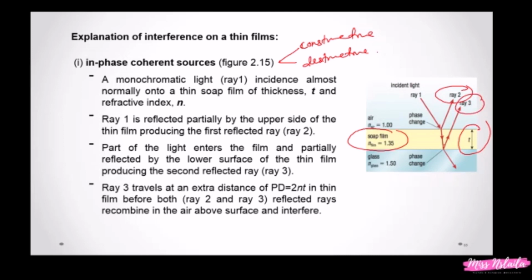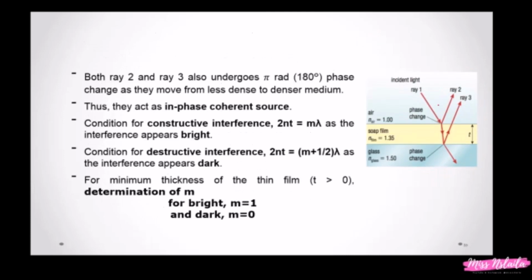Ray 3 travels an extra distance, the path difference PD, equal to 2nt in the thin film, before both reflected rays recombine in the air above the surface and interfere. Say this is the light wave for ray 2 and the light wave from ray 3. They will combine, either constructive or destructive interference. As both ray 2 and ray 3 are reflected from less dense to higher dense medium, they will both have a phase change. When both have a phase change, we say they act as in-phase coherent sources.